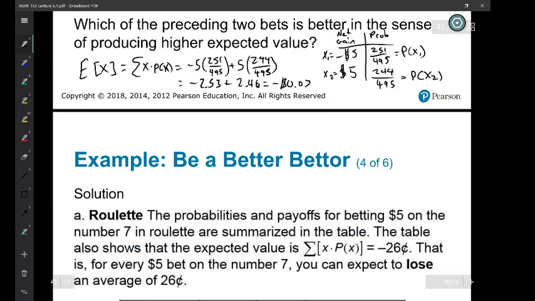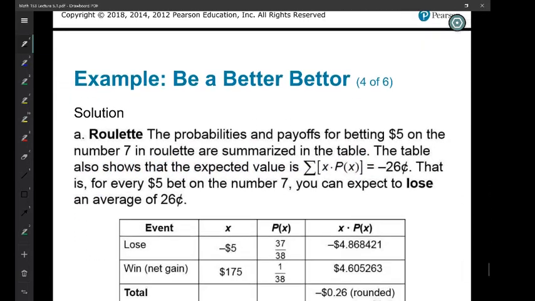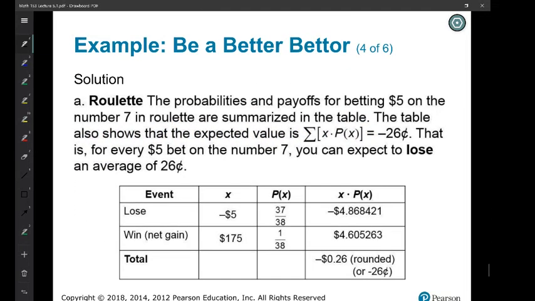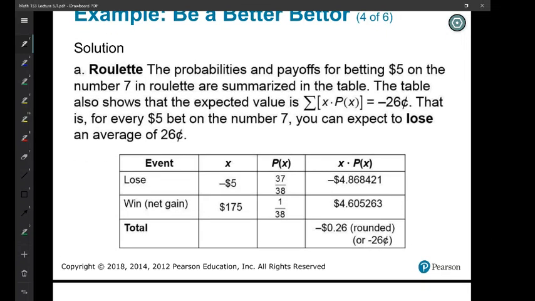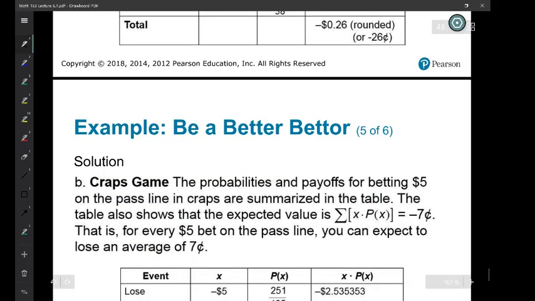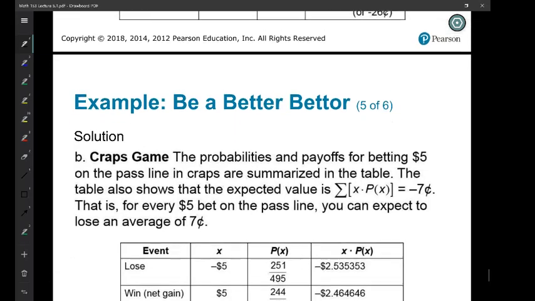So you expect to lose less if you go with craps, and you expect to lose more if you go with the roulette. The payoff is higher, but you can expect to lose more money.